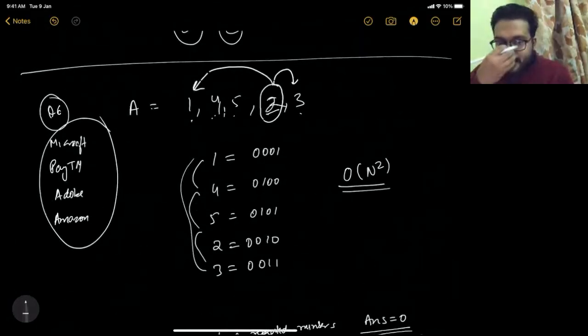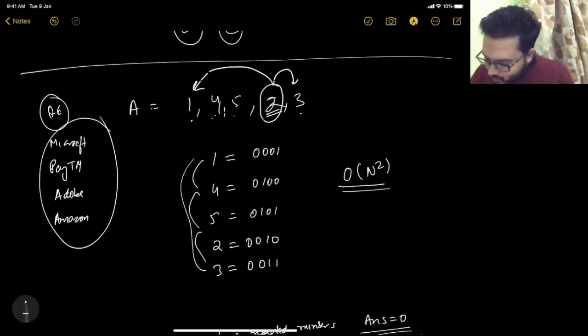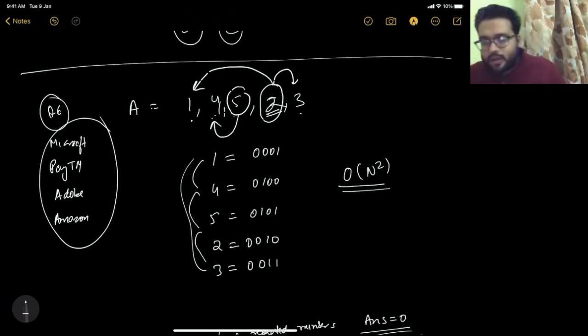So if I sorted my A, changed it to A dashed, the number of pairs that I need to evaluate is order n. I was getting an order n square time complexity because I was evaluating all the pairs, and there were n square different pairs.